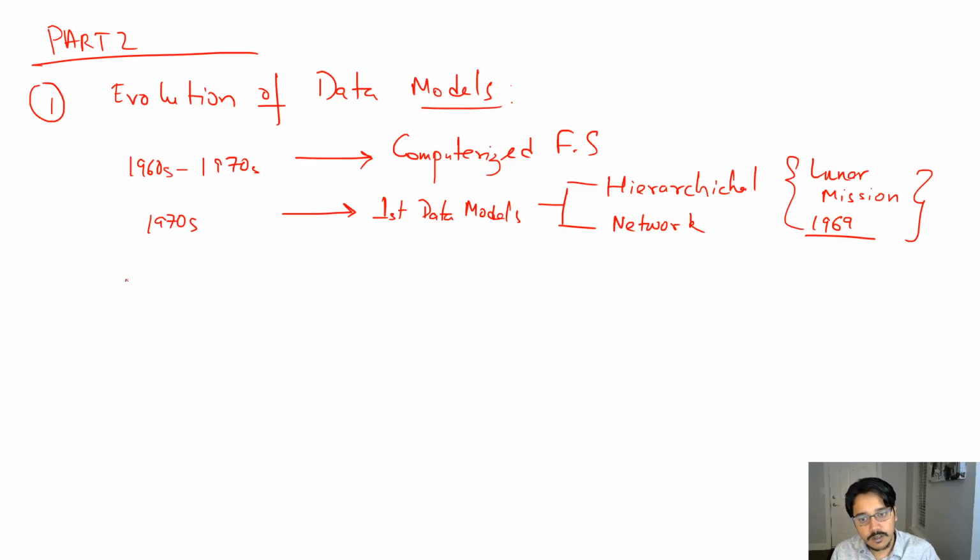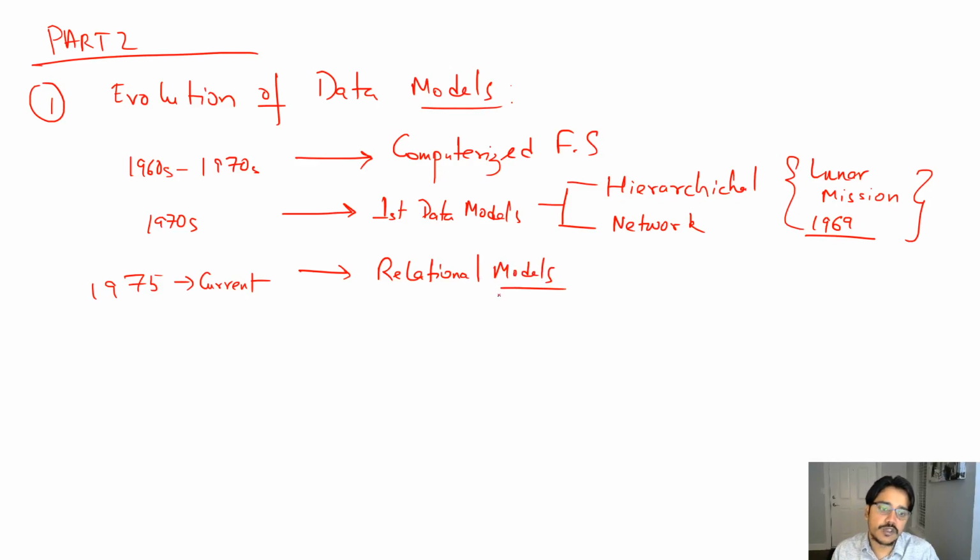Thereafter, from around 75 to even current, we had the relational model. And it is one of the most important data models for database design, even these days, right?